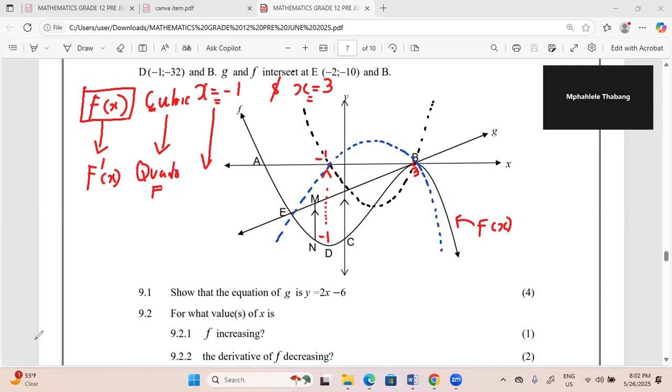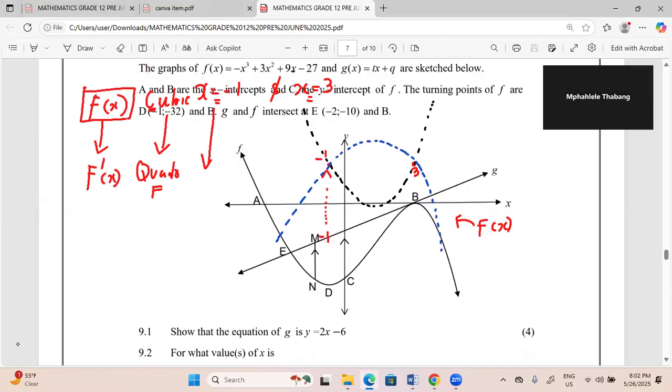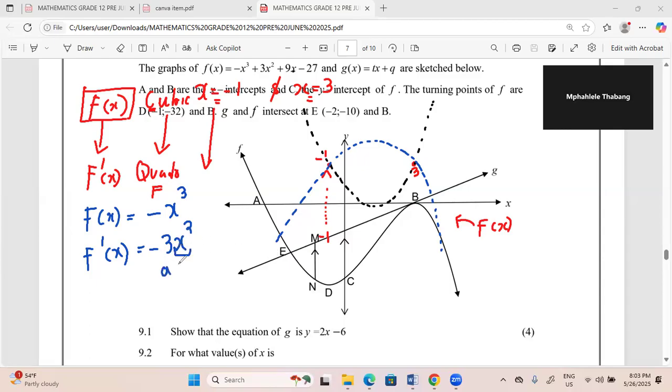Now check. Let's go back to the cubic function. The cubic function is -x cubed. I'm going to focus on the first term of the cubic function. My f of x is equal to -x cubed. And if I differentiate this f of x, I get a quadratic function. So the first term of the quadratic function is going to be -3x squared, whereby we notice that the shape of my quadratic function is going to be a sad shape, because the coefficient of x squared is less than 0.